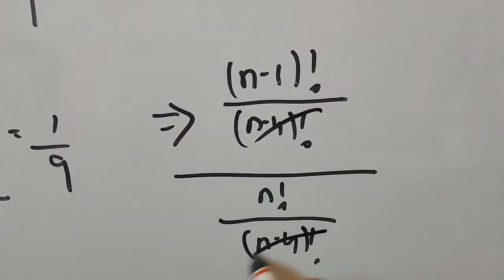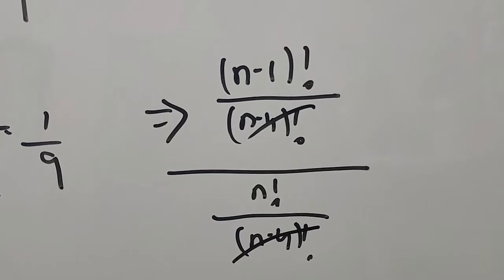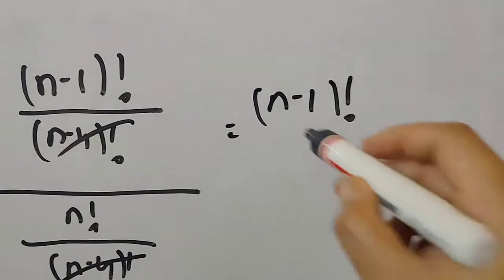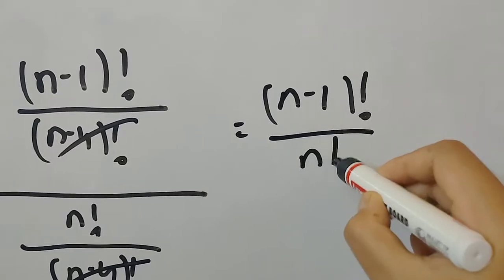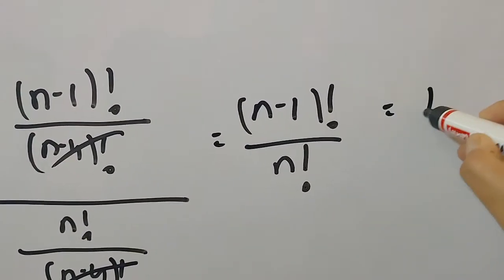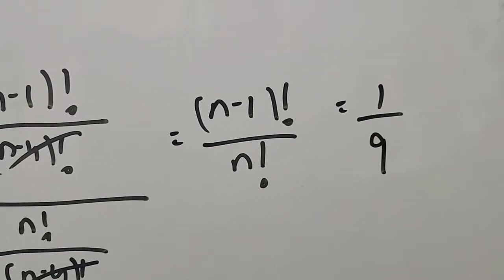Now the (n minus 4) factorials will get cancelled. So you will be left with (n minus 1) factorial divided by n factorial, equal to 1 by 9.